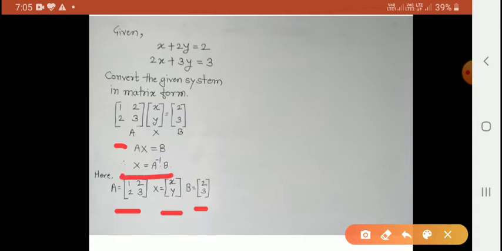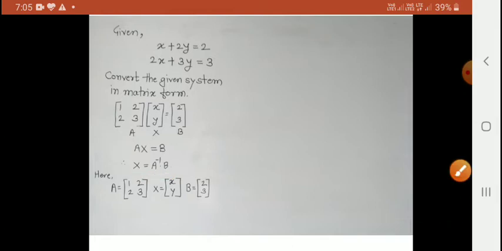To find X, we have to find A inverse because B is already known. So we start with finding A inverse.